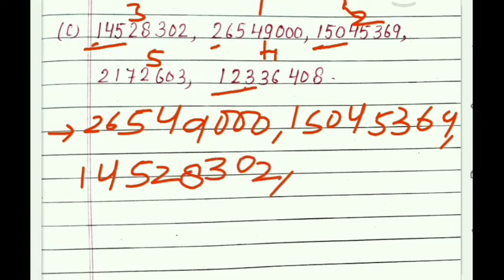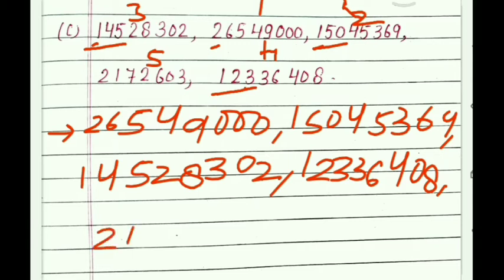Then put a comma. Fourth one, 23,36,408. Then put a comma here. Next, the last number, what is left? 21,72,603. Got it?